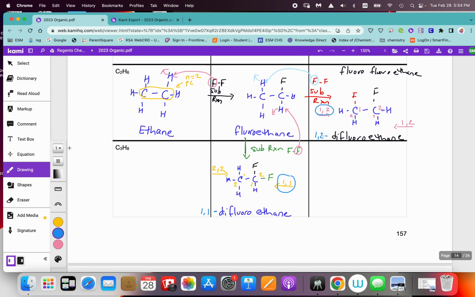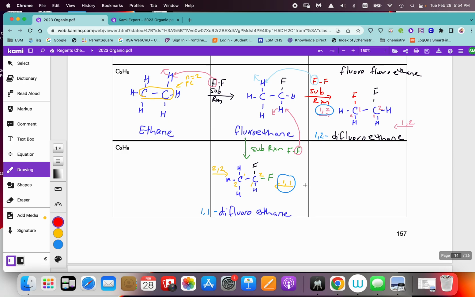I'm going to do one more example here. So now I'm going to take this structure right here and I'm going to put it through another substitution.